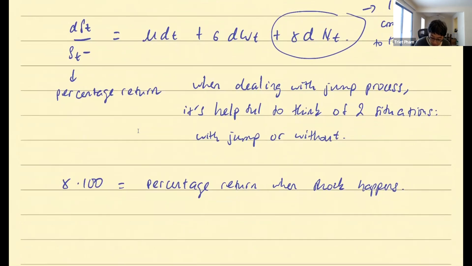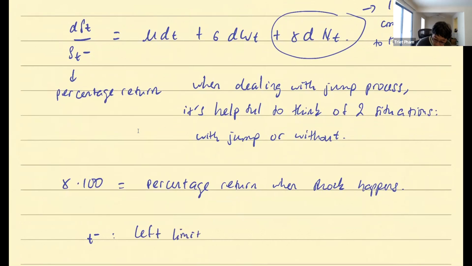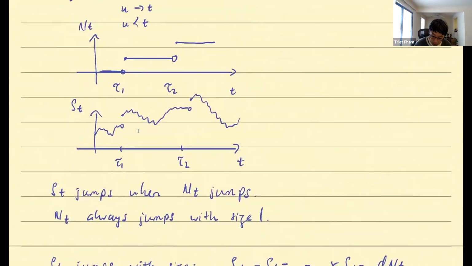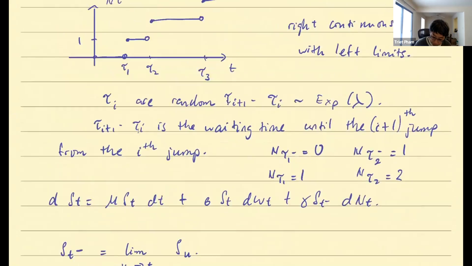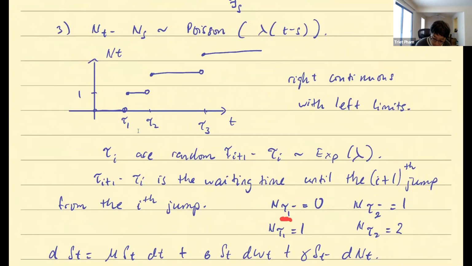Thank you. The minus goes on the t to denote the left limit, meaning it denotes the time before t. So it's like the limit from the left of a function. So when we say, for example, right here, Nt minus is 0, so the minus belongs to a time. Okay, yeah.